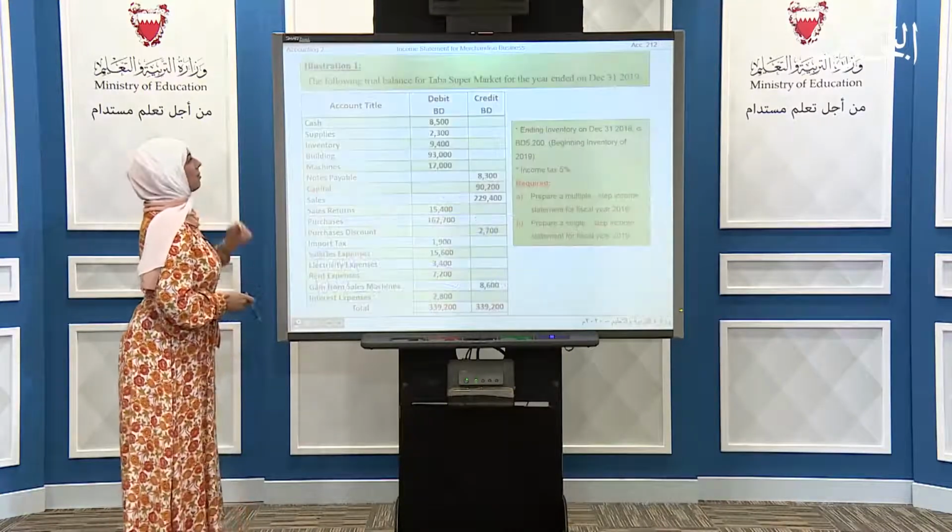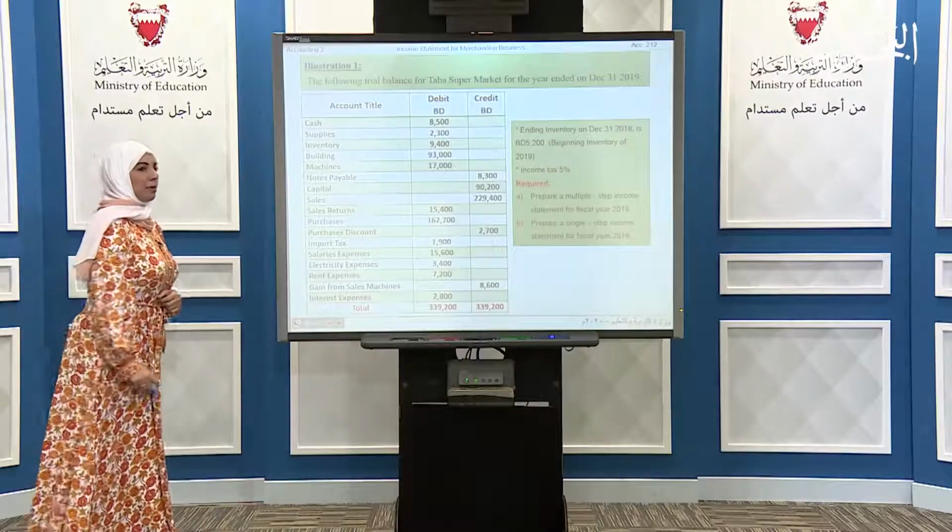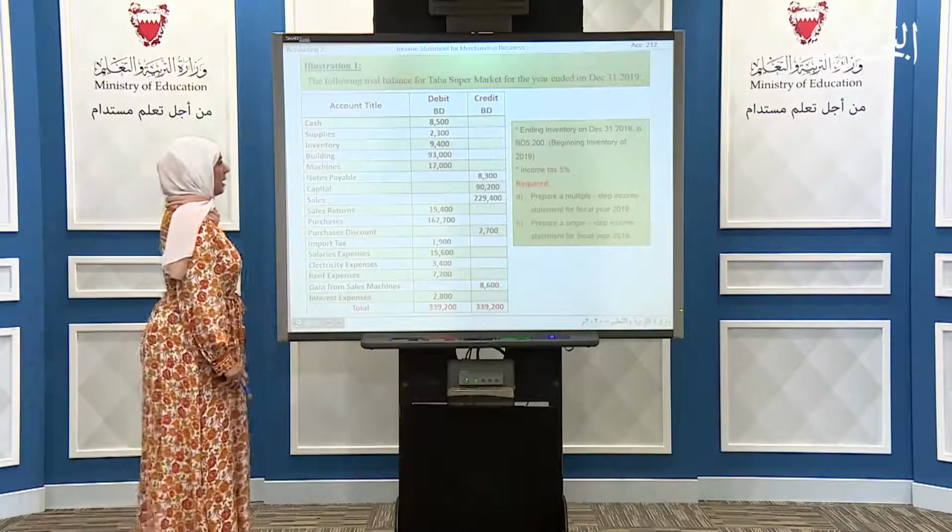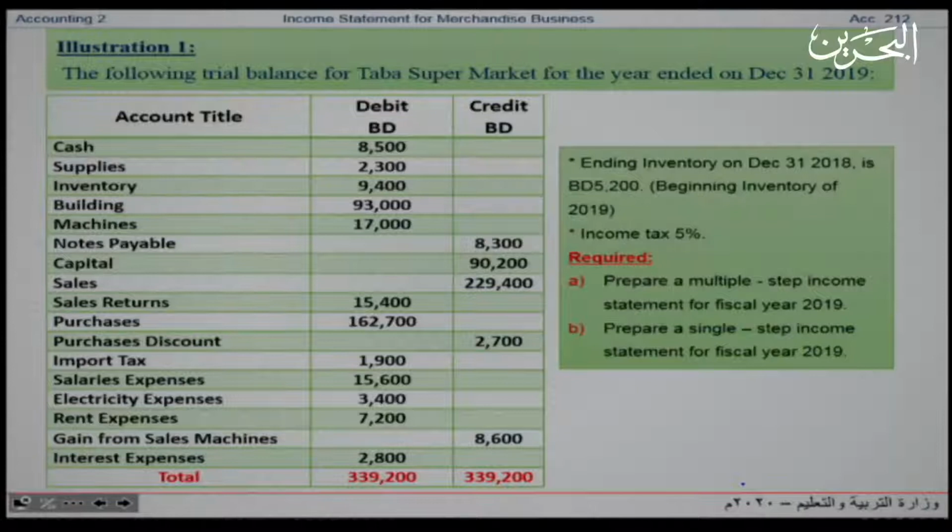Now, if I want to shift to a deeper stage in the income statement, let us take a look at this example. The following trial balance of Taba Supermarket for the year ended December 31st, 2019. I have the accounts, with the figures in two sides, the debit side and the credit side, and I have more information here.